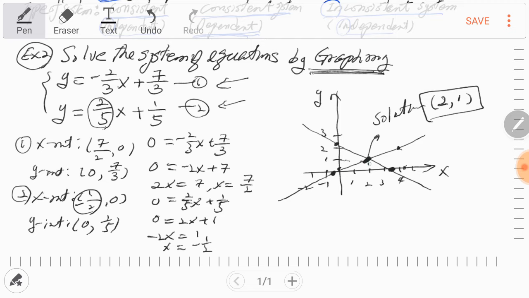Finding the solution by graphing is not convenient. We have to draw the lines accurately, and we never know if it is exactly 2 and 1, but it looks like it, so we will assume 2 and 1. And we must check that this solution satisfies both equations.